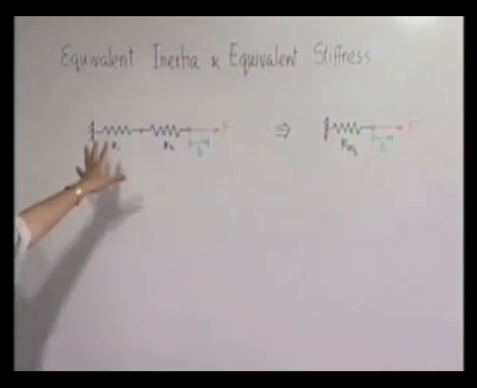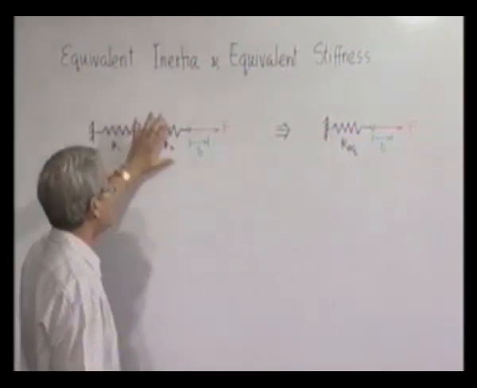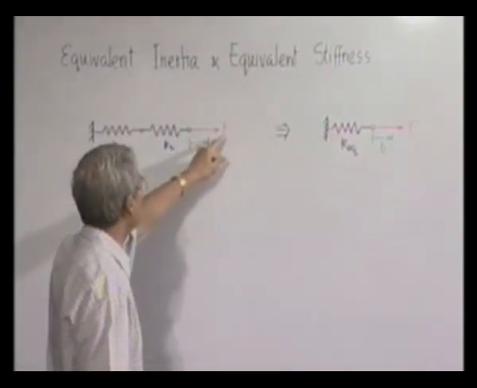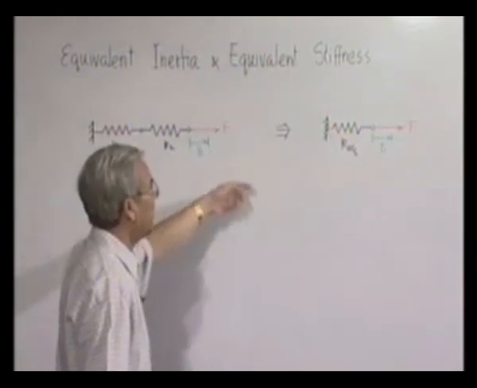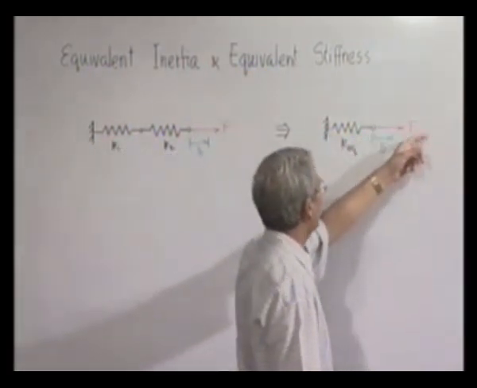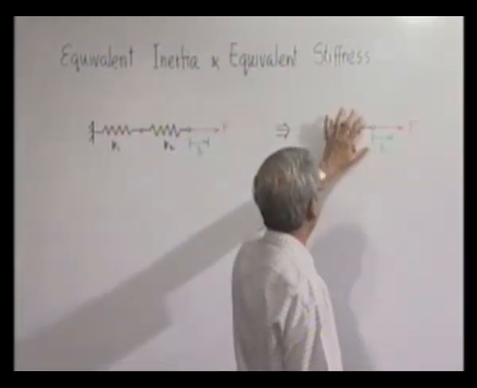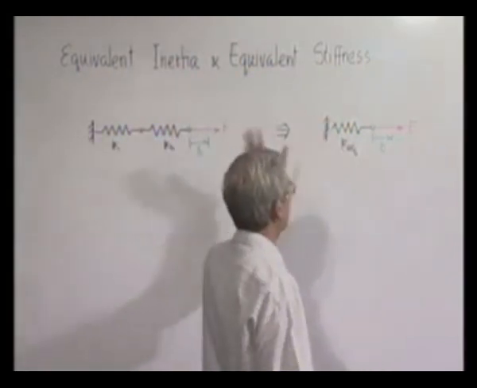So, we will not understand the difference whether there are two springs or three springs. We will find that we are applying a force and it is causing a displacement delta. Same thing here, we are applying a force causing a deflection delta. So, therefore, we treat these stiffnesses as identical.